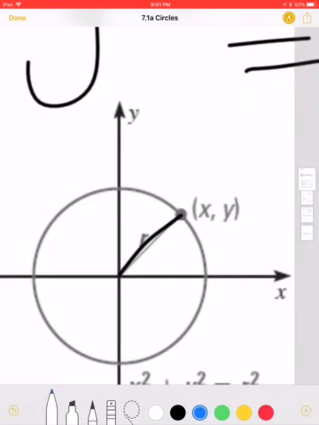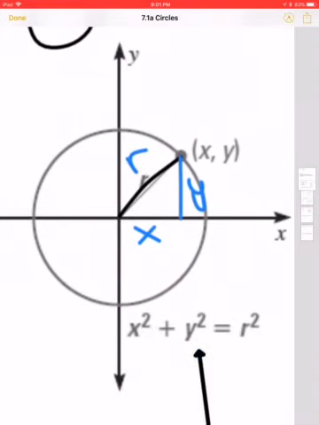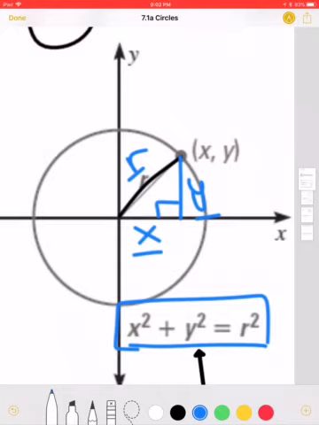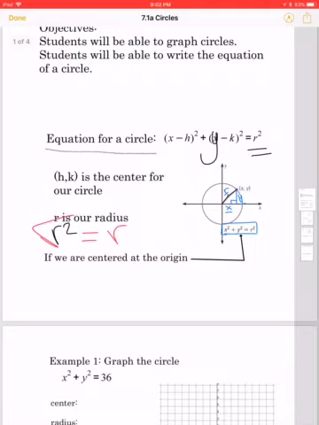If we look at this as a right triangle, x, y, and r, the radius, this equation for the circle centered at the origin stems from the Pythagorean theorem, because x squared plus y squared equals r squared, or in the Pythagorean theorem, in a right triangle, a squared plus b squared equals c squared. So this is our general form of an equation of a circle when it is centered at the origin, or at the 0, 0 point.